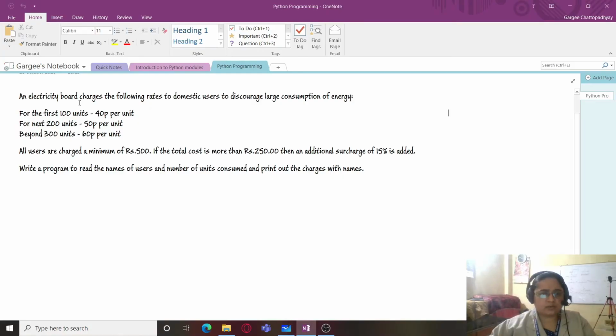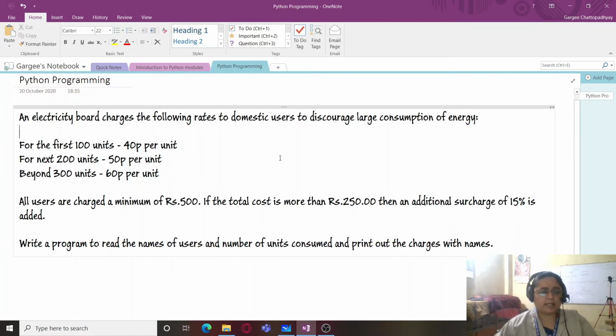So you can see over here we have a question. An electricity board charges the following rates to domestic users to discourage large consumption of energy. For the first 100 units, you have to pay 40 paise per unit. For the next 200 units, you have to pay 50 paise per unit. Beyond 300 units, you have to pay 60 paise per unit.